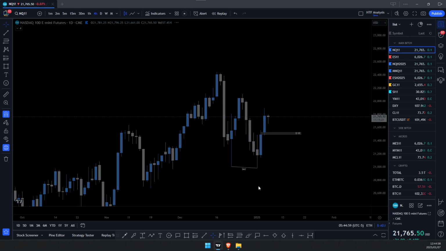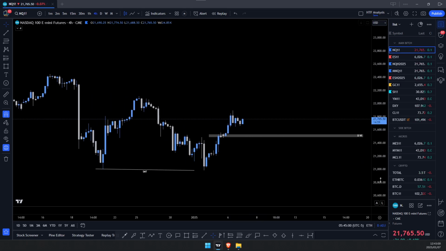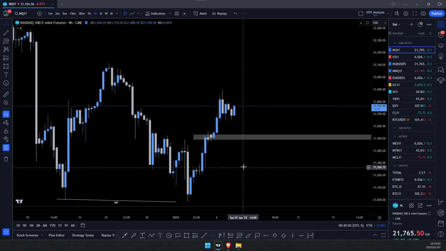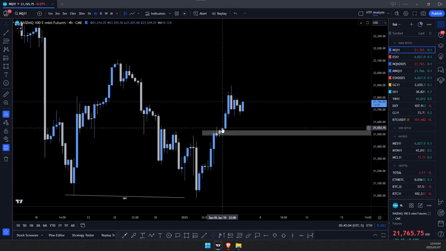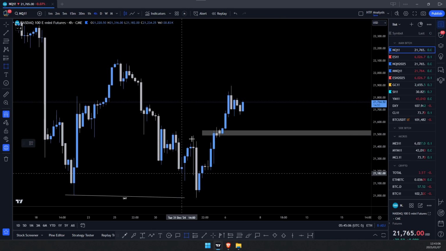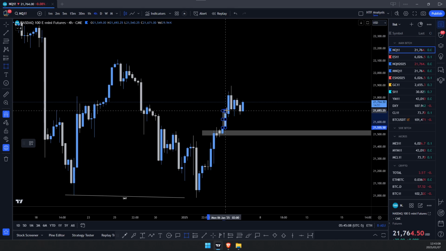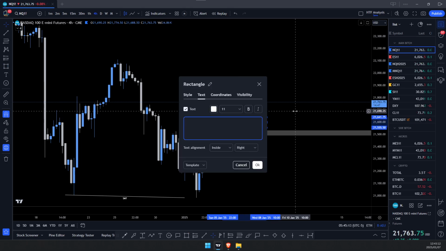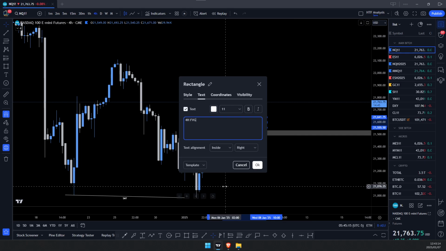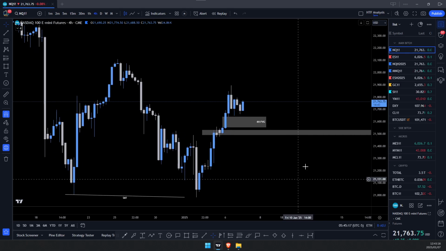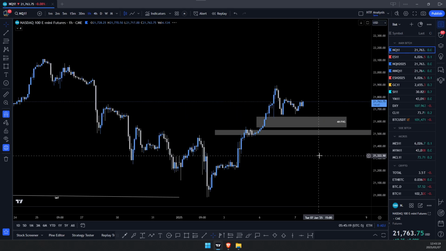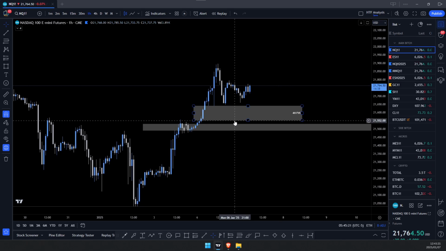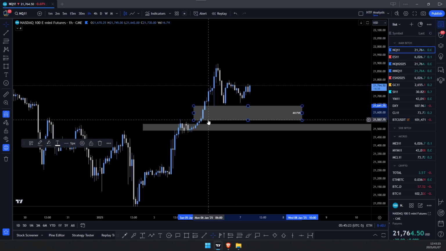All right, so then if we go to the 4 hour, there's a couple of overlapping imbalances. So right there on the 4 hour, we have this 4 hour fair value gap. And if we go down to the 1 hour, you'll see that there's another one right there.